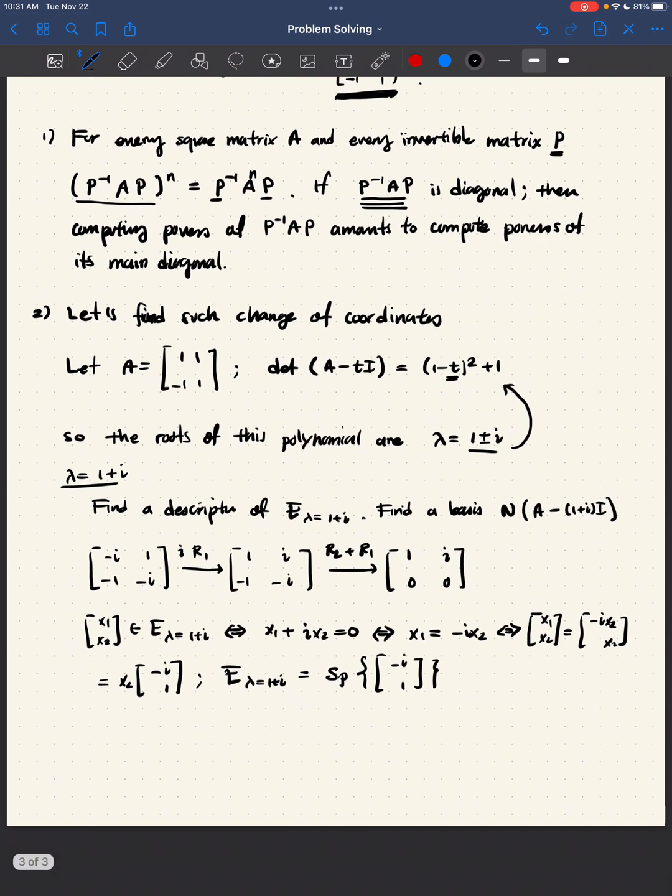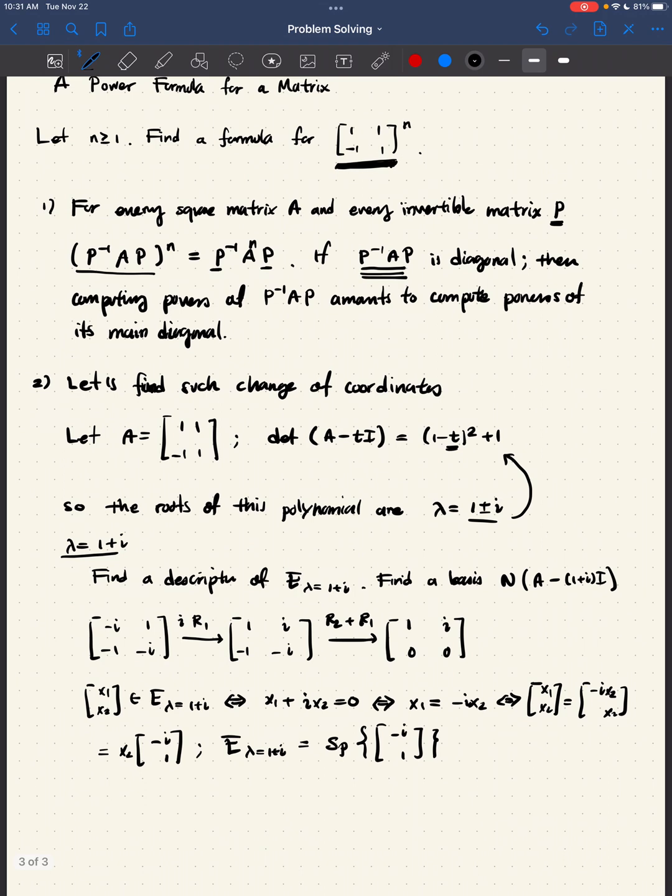Okay, so now we move to the next eigenvalue, which has something we have to remark. It is a conjugate of this one, right? Why?